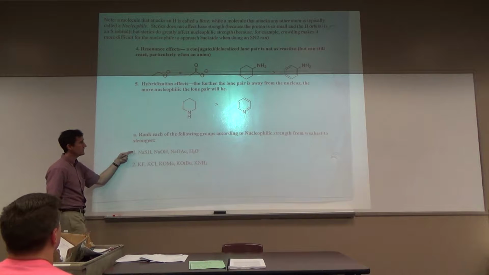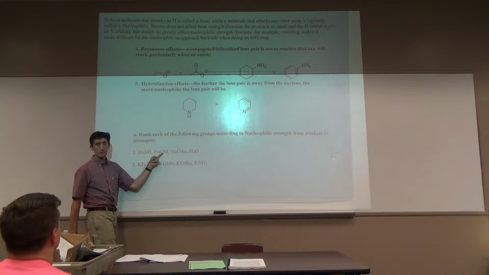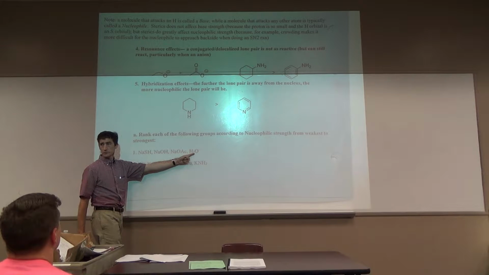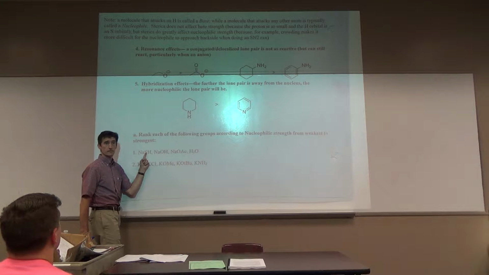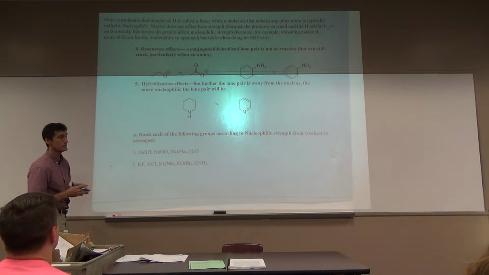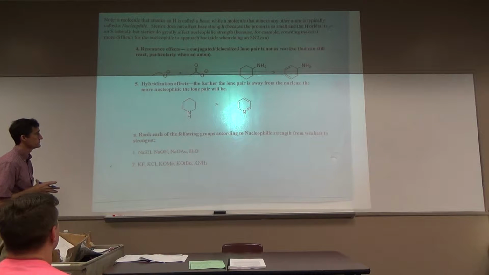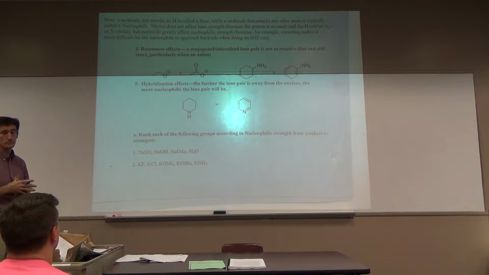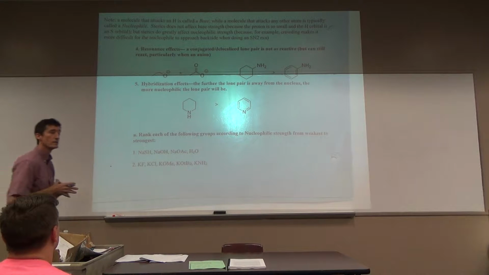Now, water's not the strongest because we have an O minus here, and we said that anion is stronger than neutral. I might say S minus is stronger than O minus. What you got?